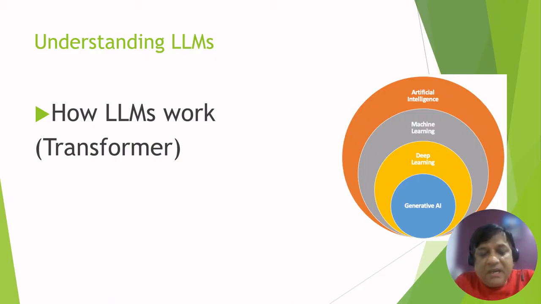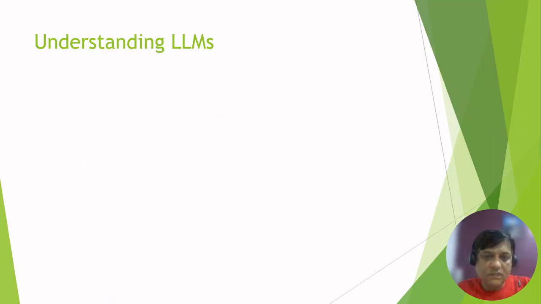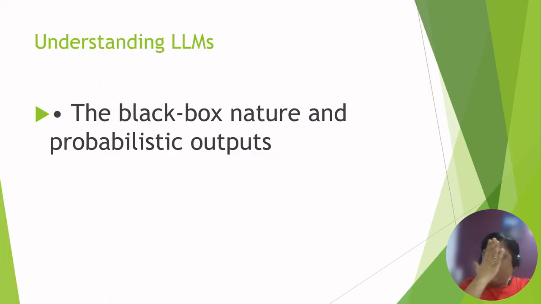So this is how an LLM works, but even though we know what LLMs are, we have to understand that it is a black box, because we can't change anything in the deep learning or machine learning.